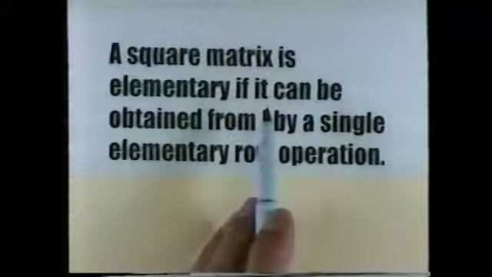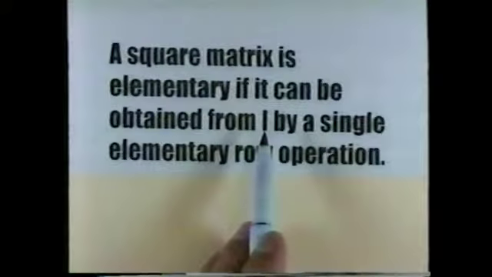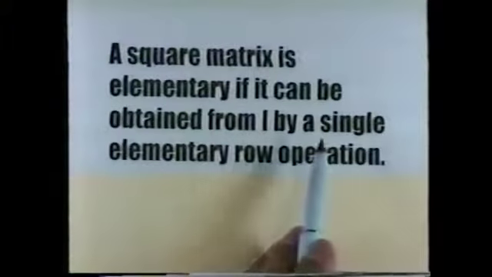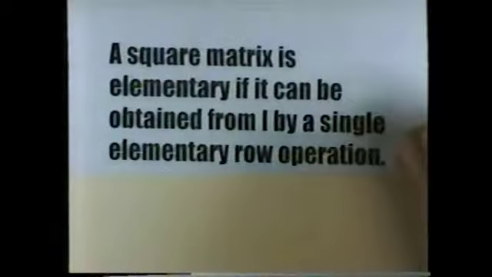Next, it must be obtained from the identity matrix by a single elementary row operation: interchange two rows, multiply a row by a constant, or multiply by a constant and add to another row.